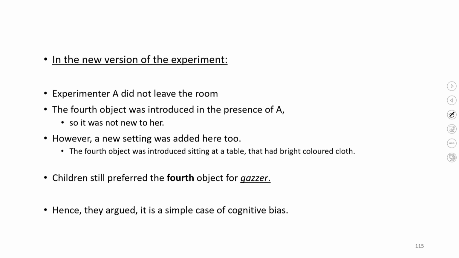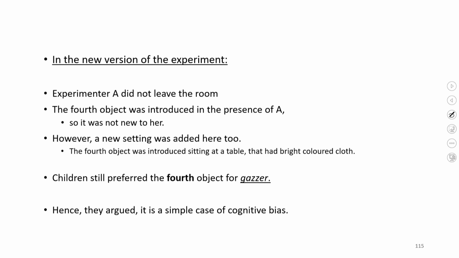However, the 4th object was introduced in the presence of A, but in a new setting. So, here also the setting within which the 4th object was introduced is new. The new setting was sitting at a table that had a bright colored cloth. First they were sitting on the floor and playing, and then the 4th object was introduced while sitting at the table which had a bright colored cloth.